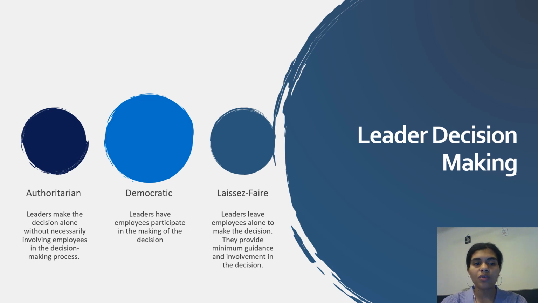So usually with large organizations, this is a good one to use instead of democratic, because then you have too much participation and involvement, whereas with this, just the leaders are making the decision. So this works better for larger groups and organizations. The second one, democratic, is the most favorable.